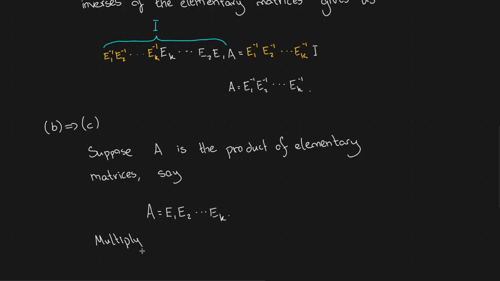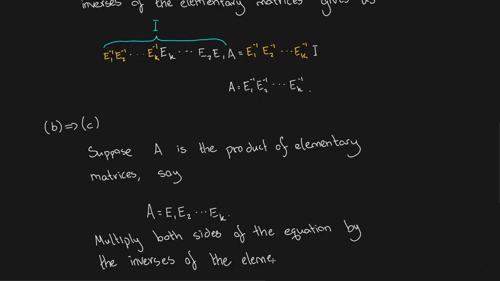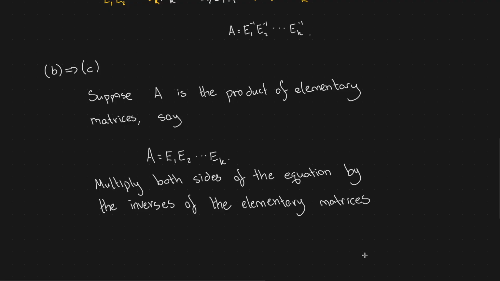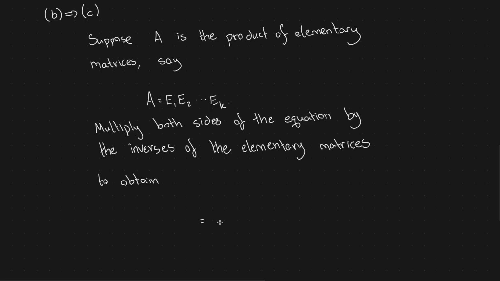So multiply both sides of the equation by the inverses of the elementary matrices to obtain, on the right-hand side, EK inverse to E2 inverse to E1 inverse times E1, E2 all the way to EK.